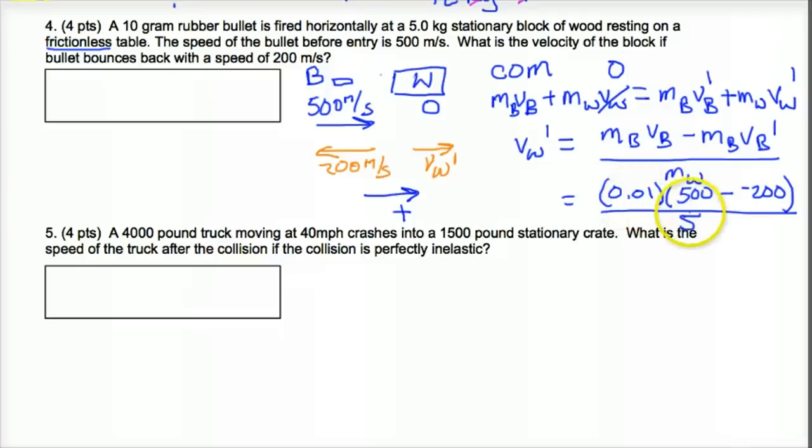Alright, so this is kilograms, this is kilograms, so that'll cancel out, and so my velocity will be in units of this velocity, which is meters per second. So it looks like I have 700 times 0.01, which is 7, divided by 5, which is 1.4 meters per second. Okay, that's the velocity of the wood after the bullet bounces back.